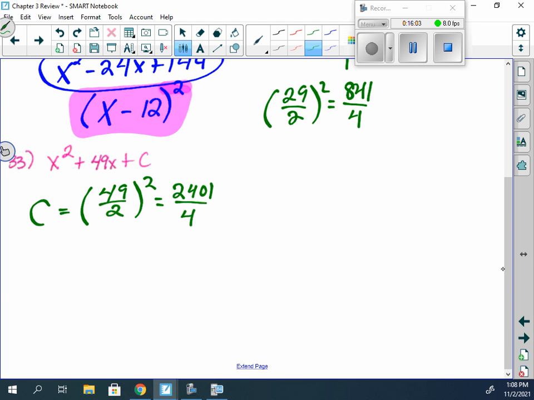So that's the value of C. Now our set of parentheses squared is going to be x plus 49 over 2. Because again, the number that we plug inside the parentheses for our factored form is whatever the number is inside the parentheses before we square it to find the value of C.